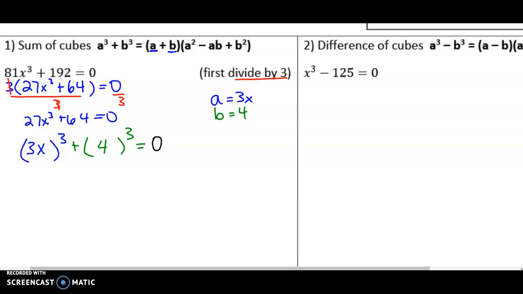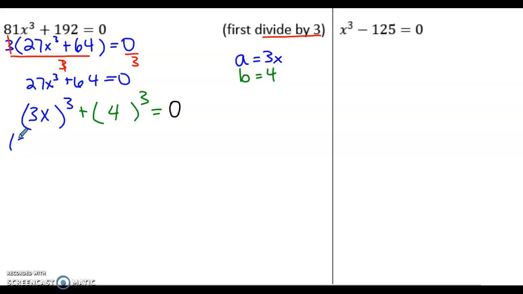Then we're going to use the sum of cubes formula there. 3x plus 4 times 3x, and don't forget we have to square all of that, minus 3x times 4 plus 4 squared, still equal to 0. Then we can just simplify that.